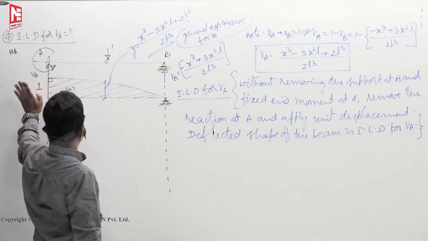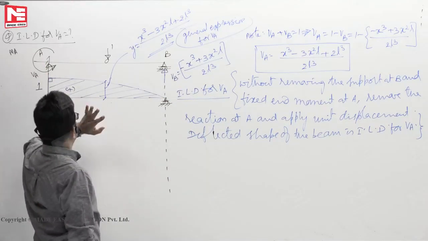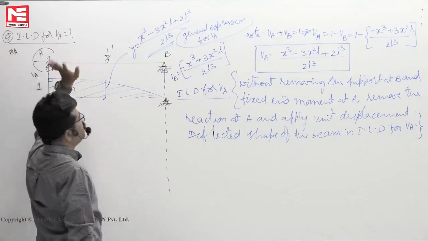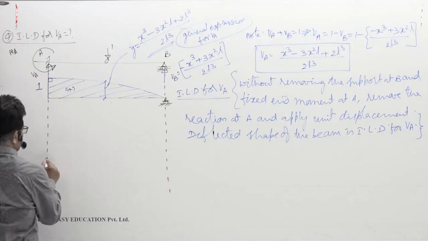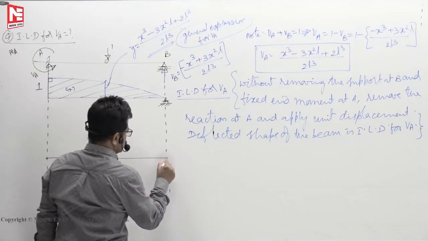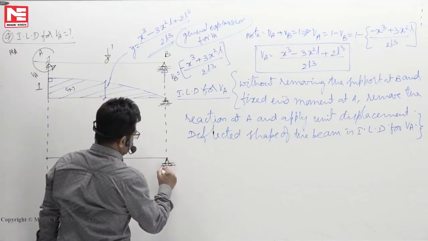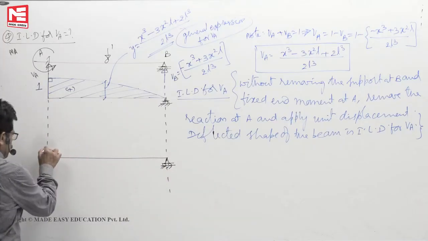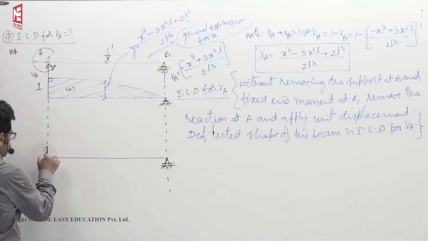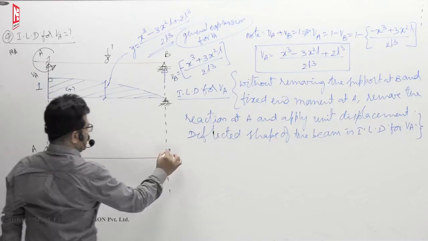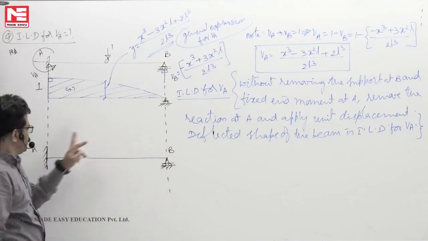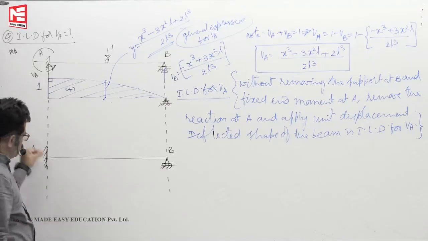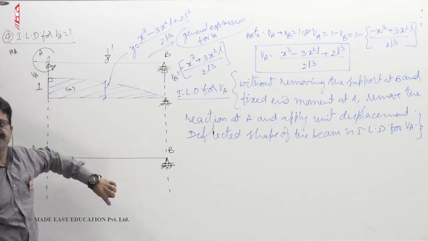Now VA is over. I want to draw the ILD for, say, moment at A. What does ILD for moment at A mean? It is the same as whatever we have done for determinate structures. For indeterminate structures also the process is the same. A, B. Without removing the supports at A and B, assume an imaginary hinge at A and apply unit rotation.